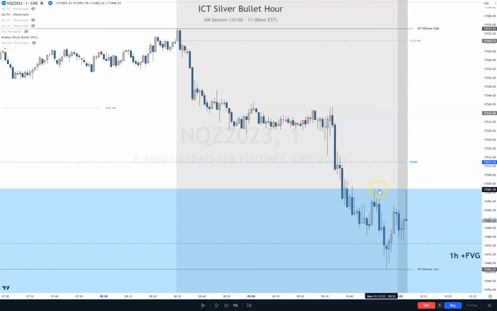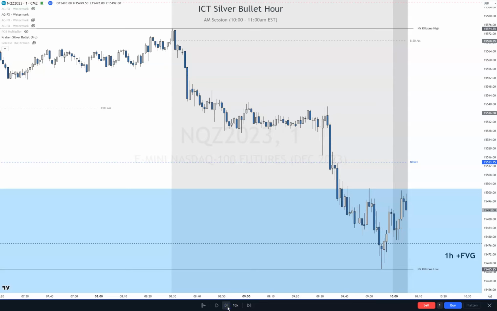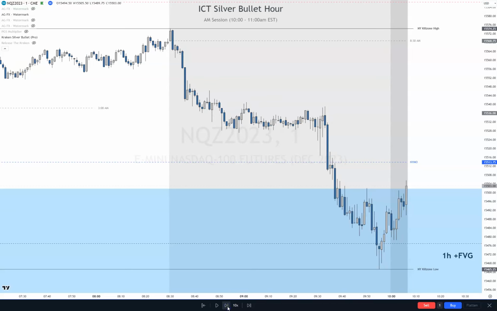For me, I want to see this broke right here. Yeah, there you go. So there's your market structure shift to go long right there. Okay. Now at that point, we mark out our breaker block here.